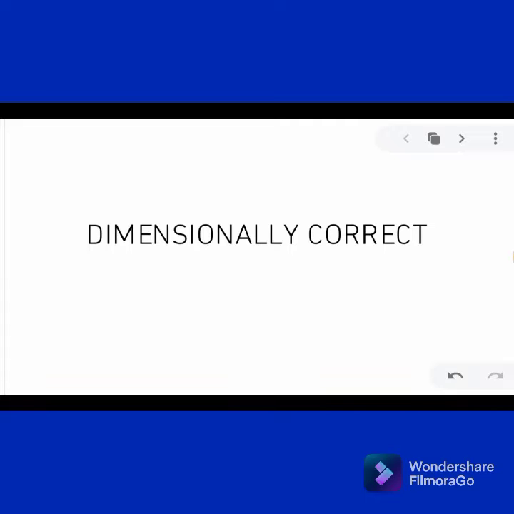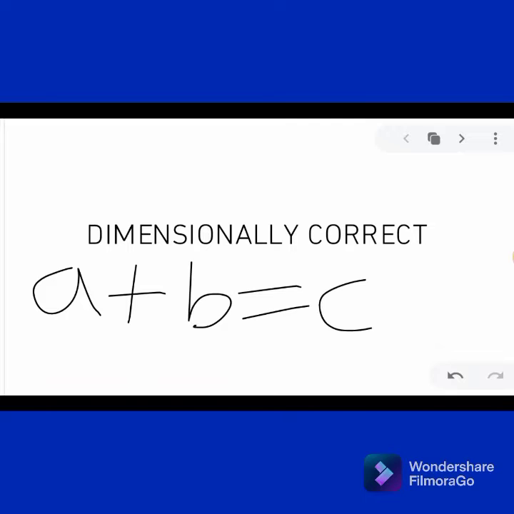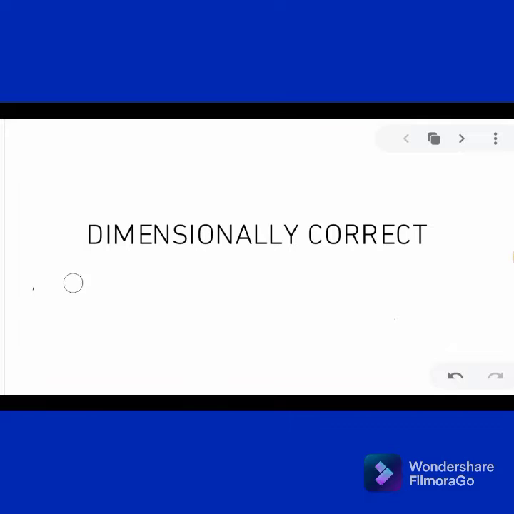For example, A plus B is equal to C. If they ask whether this equation is dimensionally correct, they're basically asking if A is the same thing as B and also the same thing as C. So A, B, and C, their dimensional formula have to be the same. That's the basis of dimensionally correct: we're asking if they all have the same dimensions.